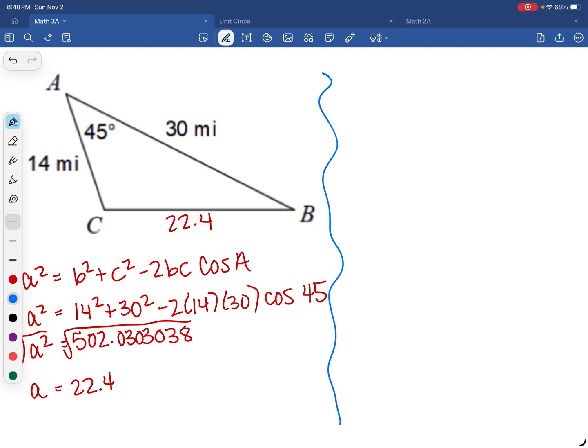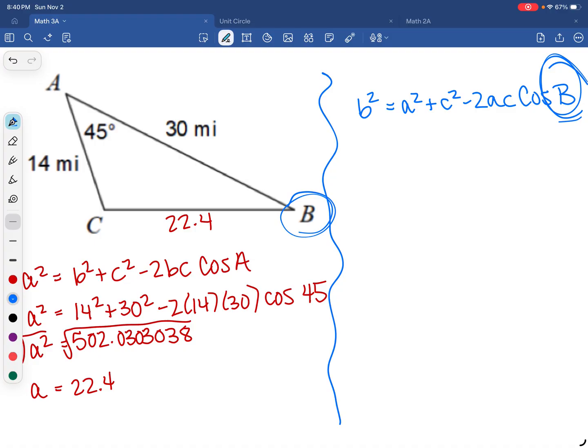So since we need to find angle B, that means that we need to use the formula that has the B in it. So that means we're using the B squared equals A squared plus C squared minus 2AC cosine B. And we're solving for angle B. So just a reminder before we even start any of this process, because we're solving for the angle, remember that towards the end, we're going to need to use cosine -1 because that's how we find angles, is by doing that opposite inverse process.